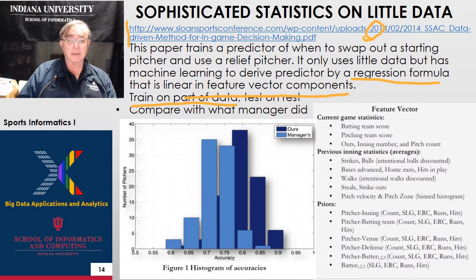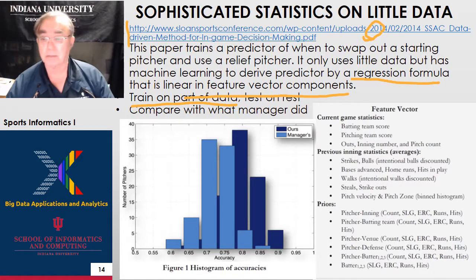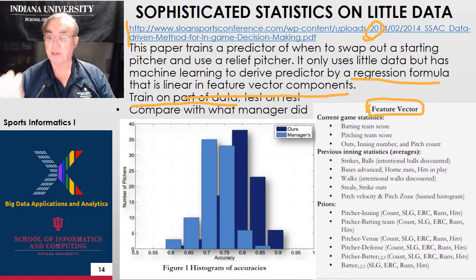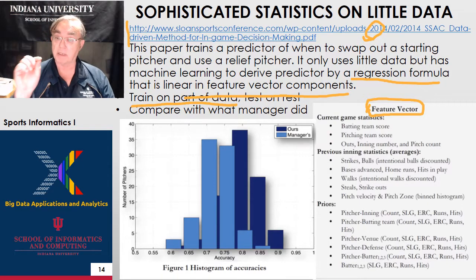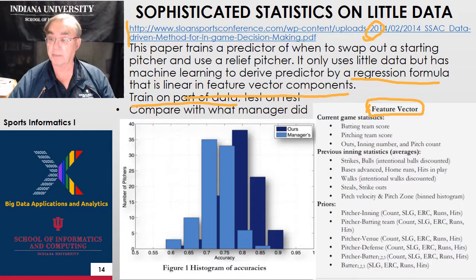And like in all of these things, you must have the feature vector, which is what you think it's going to depend on. This is where you put in your expertise. You decide what are going to be the features which we use to make the predictor. Then we say, all right, the real answer is some linear dependence on these feature vectors, and we'll decide what the linear formula is.